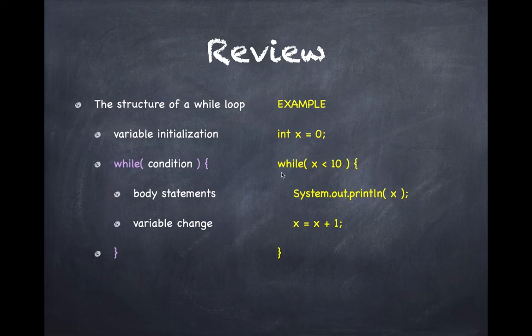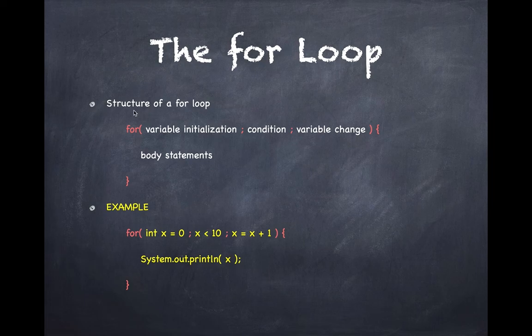All right, let's go ahead and take a look at the for loop. So for the for loop, the structure looks a little bit different, okay? So here you use the word for, you use a set of parentheses, you use brackets to show what's going inside of the body of the for loop, or what's going to be repeated. And then the three things that control the loop go inside of the parentheses.